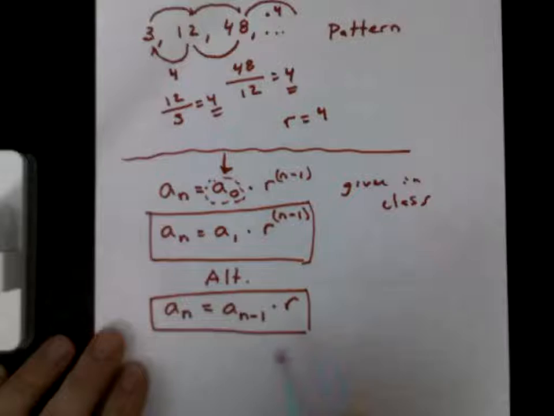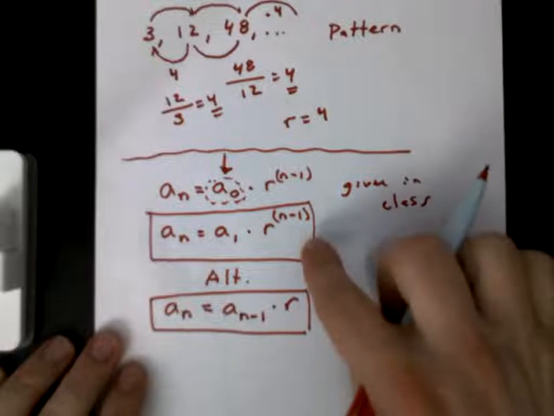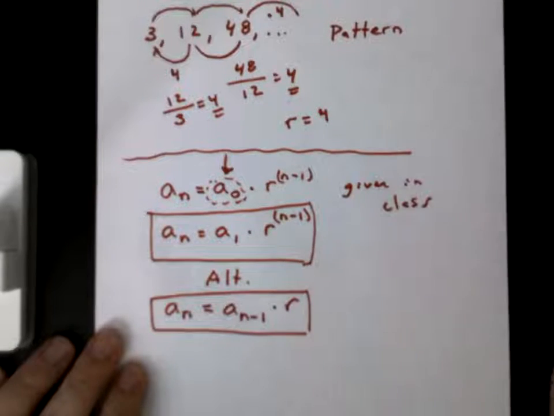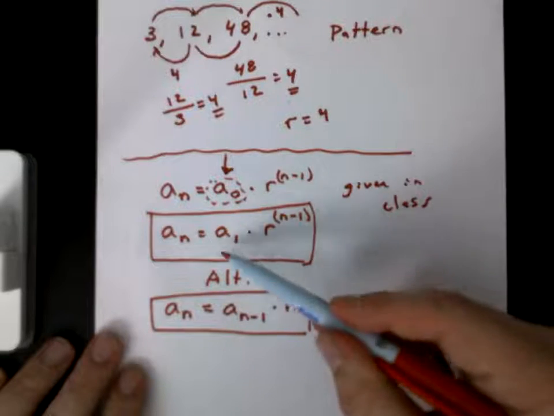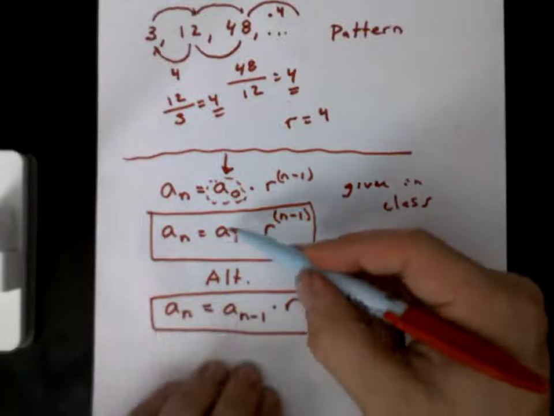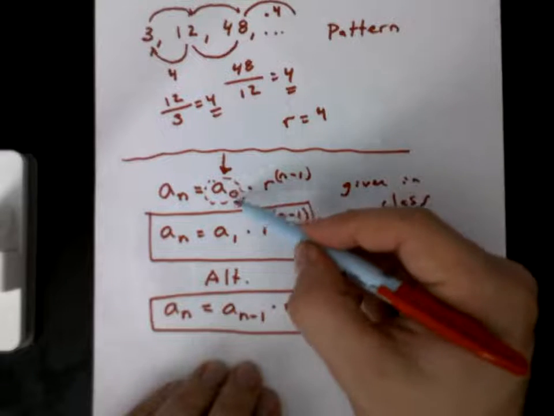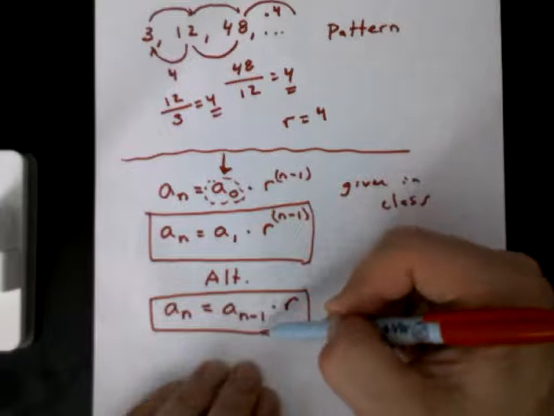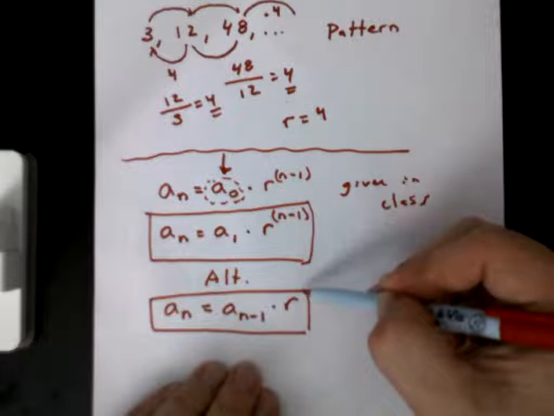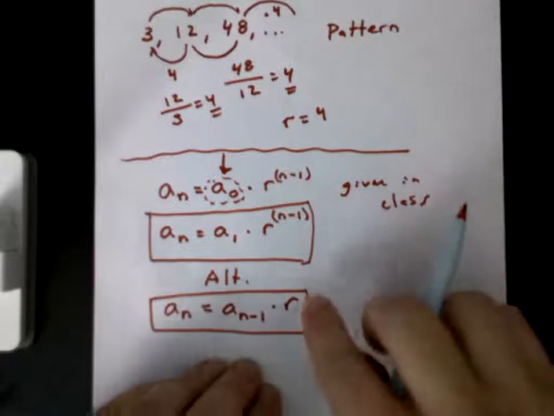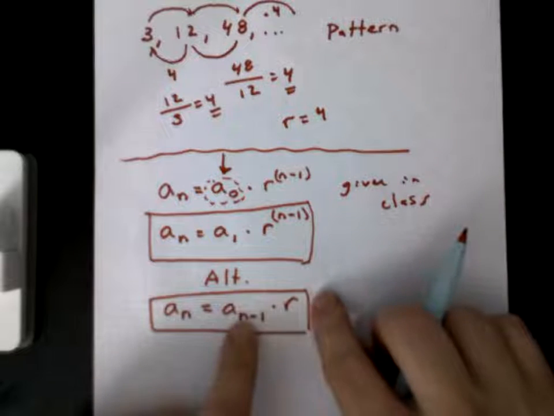I'm hoping that you see the difference between these. The difference is that with a sub n, you're actually taking one step, and this is where I got mixed up. I went a sub 0 because I was thinking about this one, but we wouldn't take the n minus 1 as the exponent on r. That's the only thing I did, and I apologize for that.